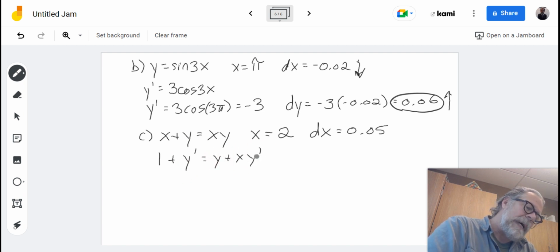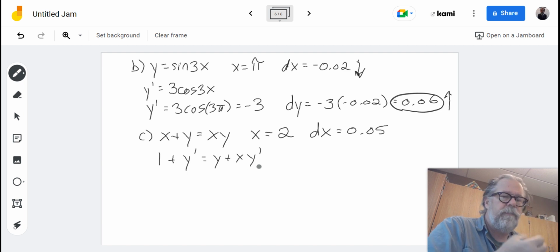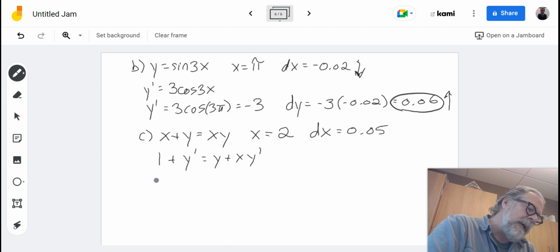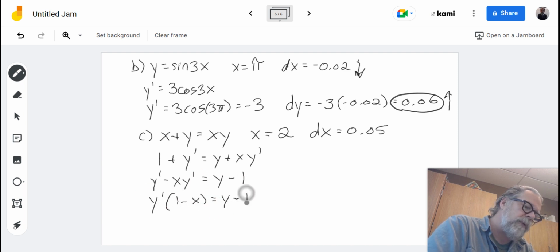That's not our derivative. You knew what I meant. The derivative process gives me y prime minus xy prime equals y minus 1. Y prime times 1 minus x equals y minus 1. My derivative is equal to y minus 1 over 1 minus x.